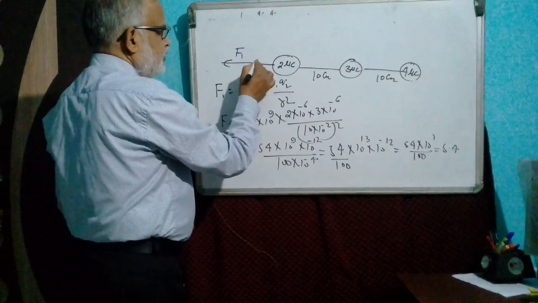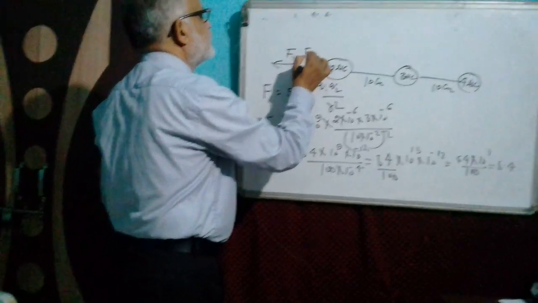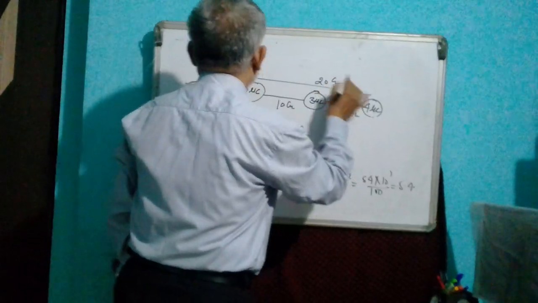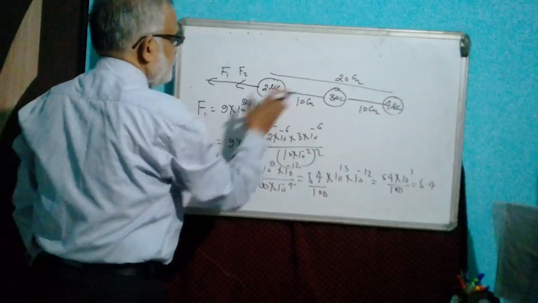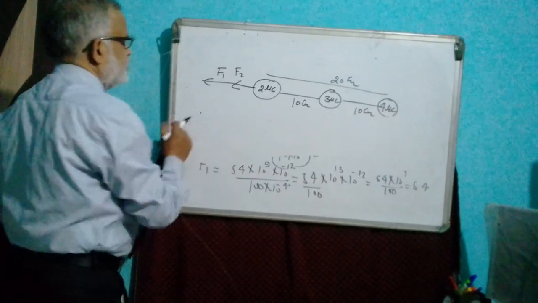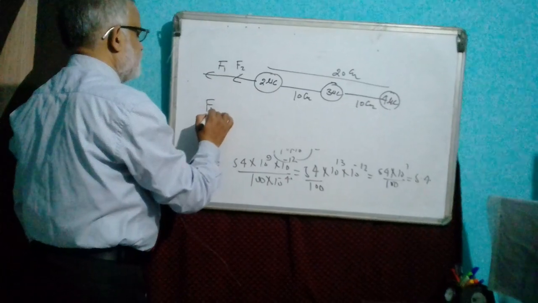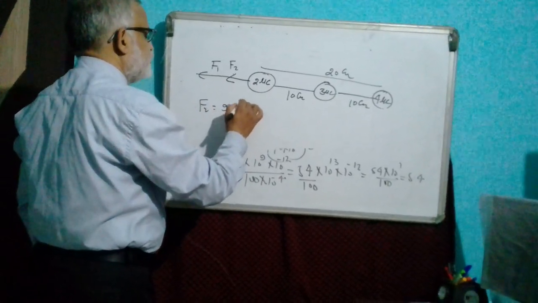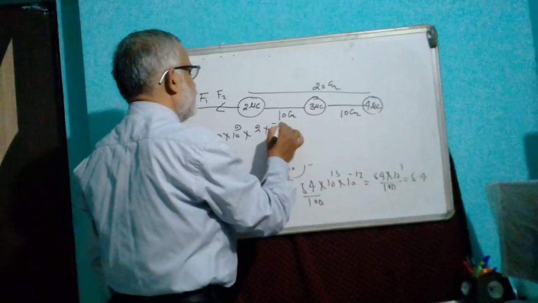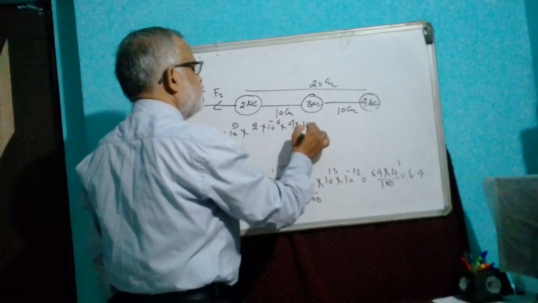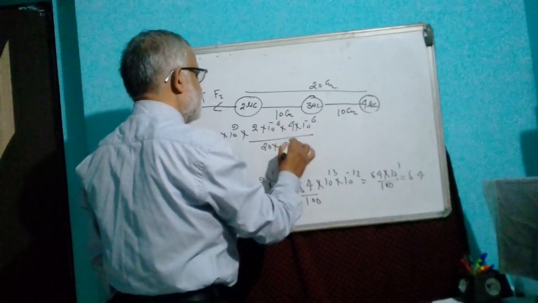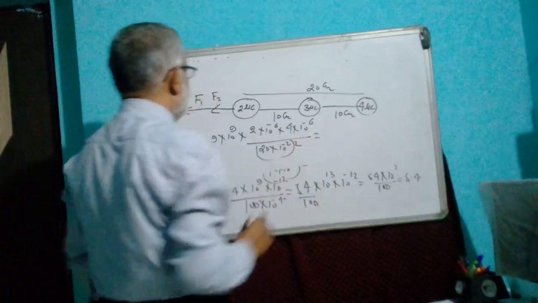The electrostatic force applied by the 4 microcoulomb charge on the 2 microcoulomb charge is also repulsive. Therefore, the force acts in the same direction, F2, but the separation becomes 20 centimeter. Hence, F2 equals 9 into 10 power 9, 2 into 10 power minus 6, 4 into 10 power minus 6, upon 20 into 10 power minus 2 whole square.